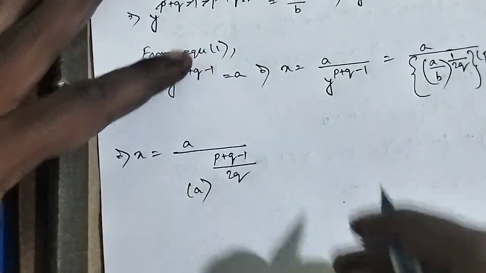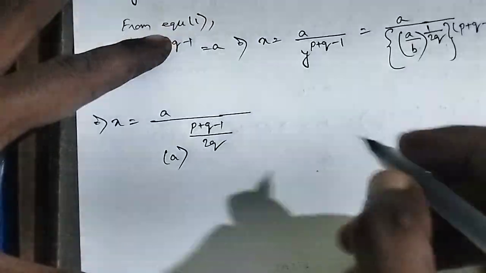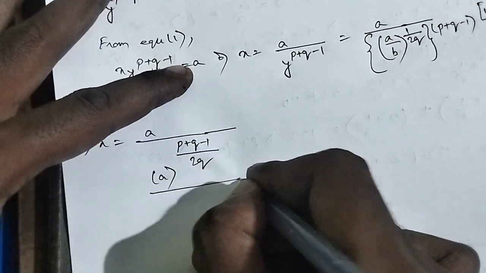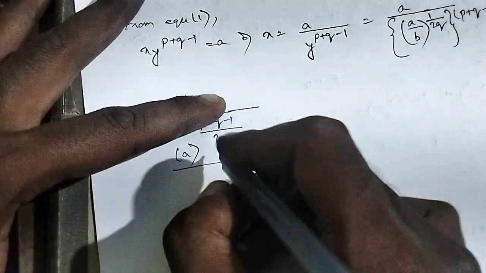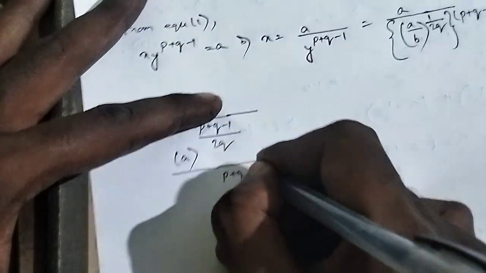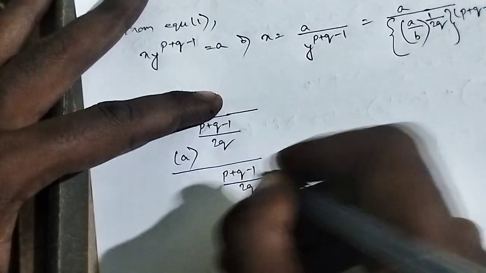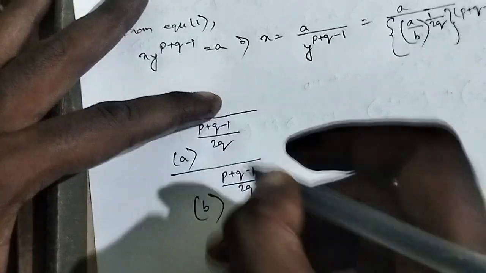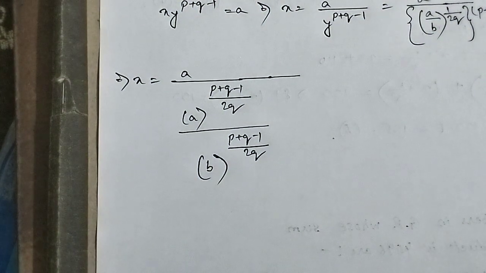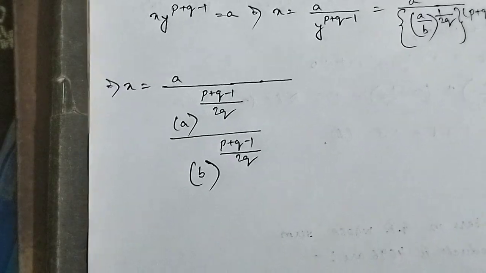A to the power this, okay, a to the power this by p plus q minus 1 by 2q, b to the power this. Okay, clear?